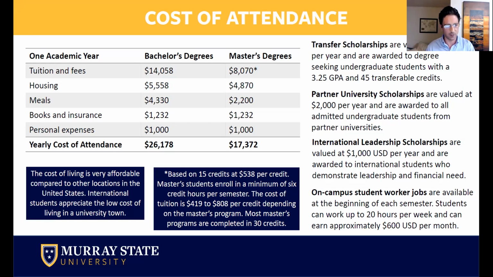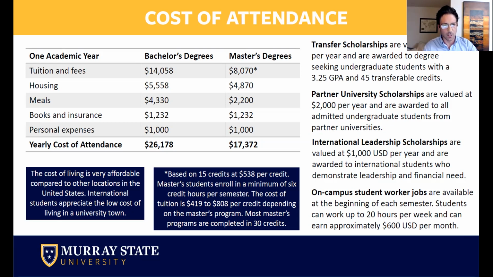When you compare this, Murray State University's rankings, quality of education, and you look at our cost, it's very, very attractive for international students. Another thing that we offer here, I mentioned this in the beginning, we're a large university, but we're in a small town. We're in what we would call a college town or a university town.